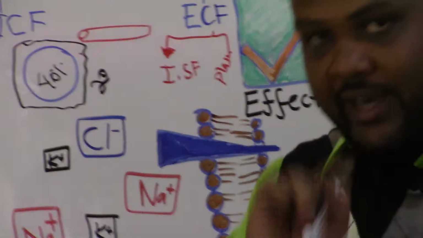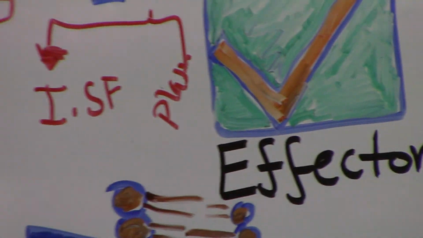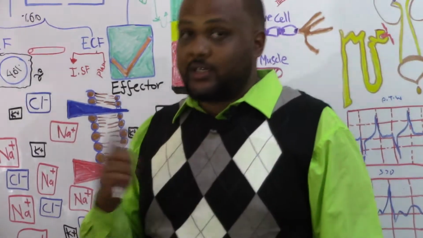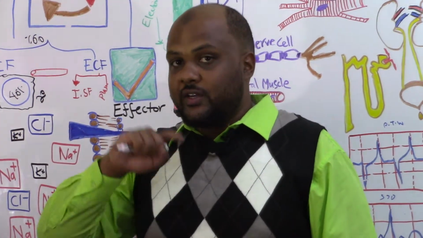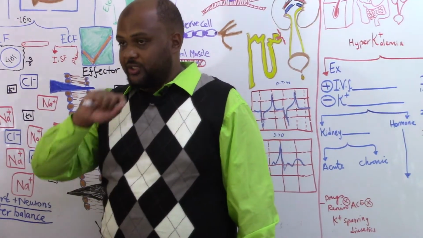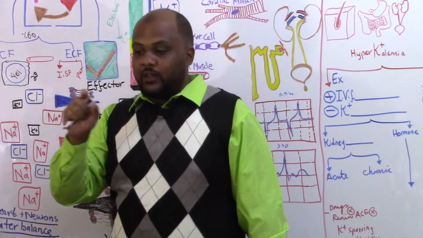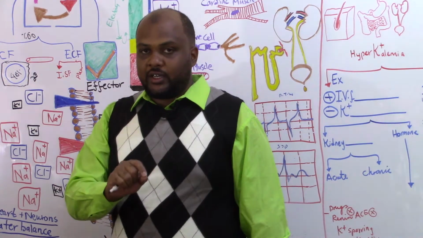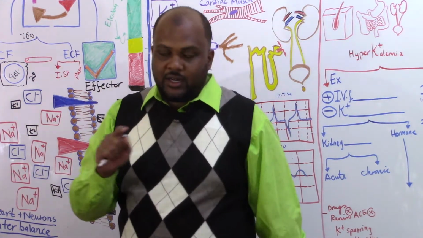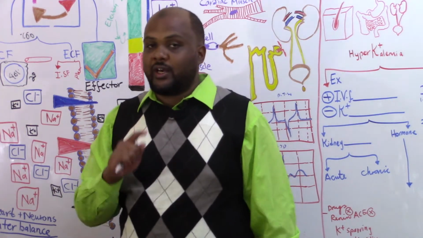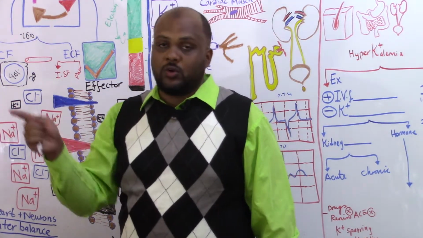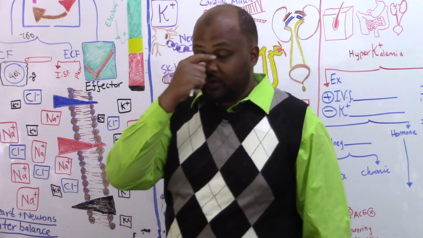Our electrolytes affect the amount of water inside the cell or outside the cell. If there is an increase of a particular solute or electrolyte outside of the cell, the water will try to compensate by moving from an area of higher solute or electrolyte concentration to an area of lower electrolyte or solute concentration.